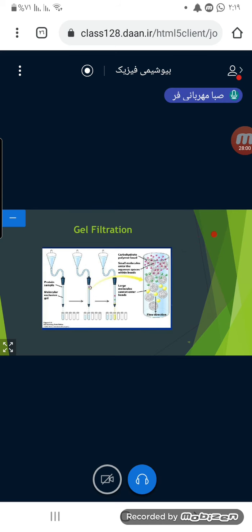But here, in gel filtration, the basis of separation is molecular weight, or size.